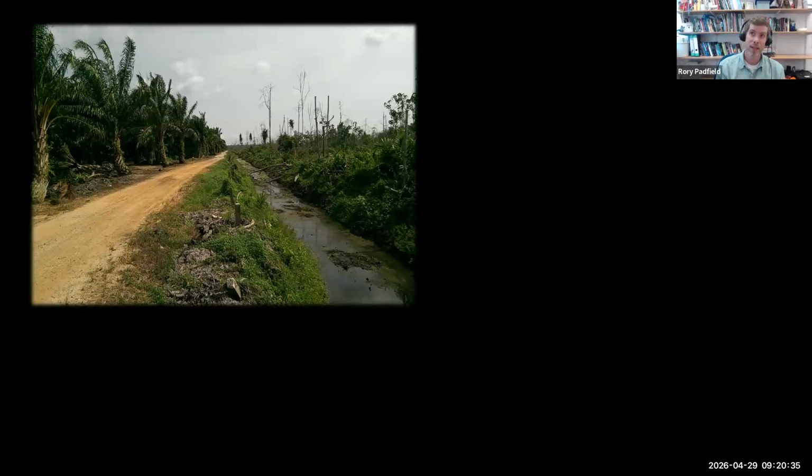This was taken around 2015 at a plantation that I was very familiar with and doing some work in at the time. You can see on the right-hand side a forest that is recovering from a fire. A fire whipped through that area and cleared off a lot of the vegetation, which is a very common practice. So that's what the palm tree looks like from the ground.